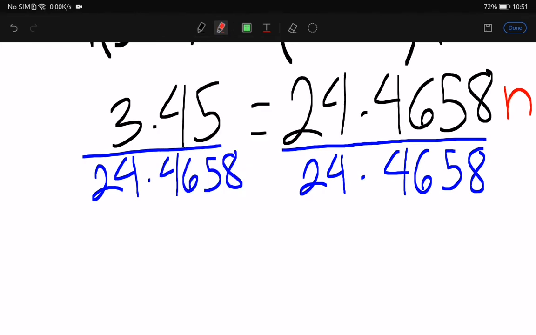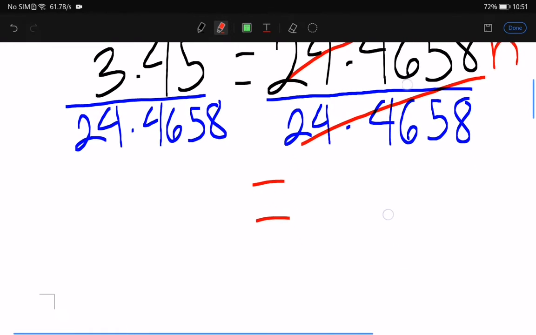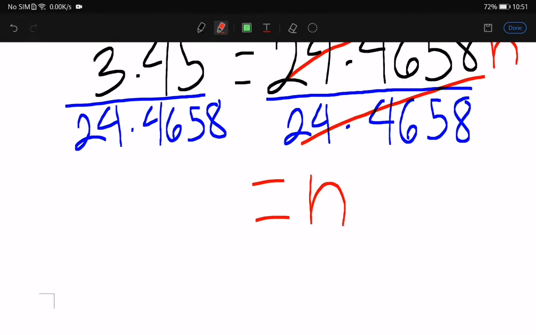Tapos kakancel mo to. This will cancel. And now we divide this quantity, 3.45 divided by 24.4658. So that's approximately N, approximately 0.14.